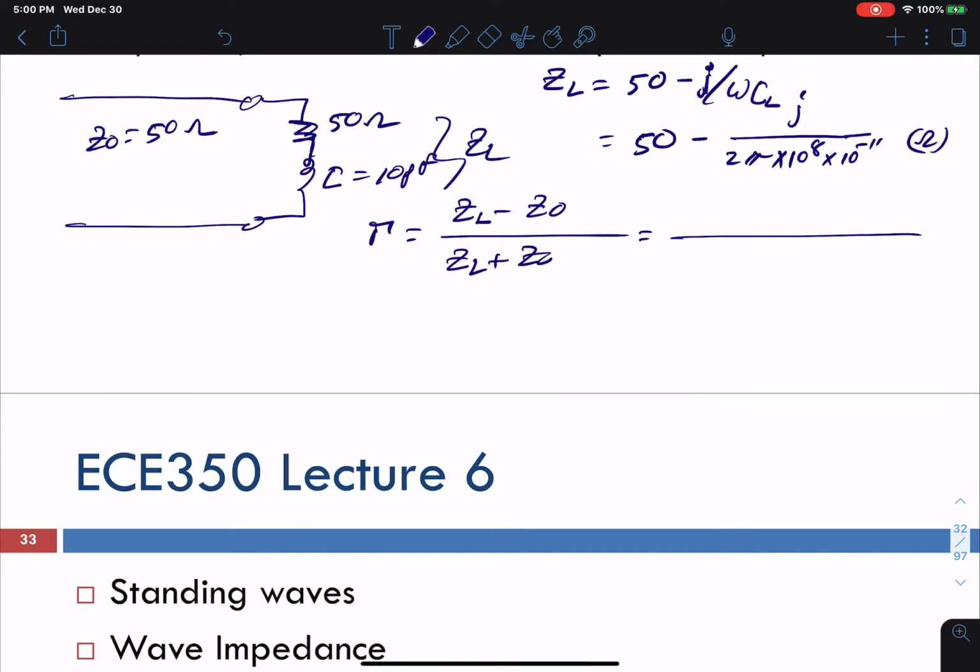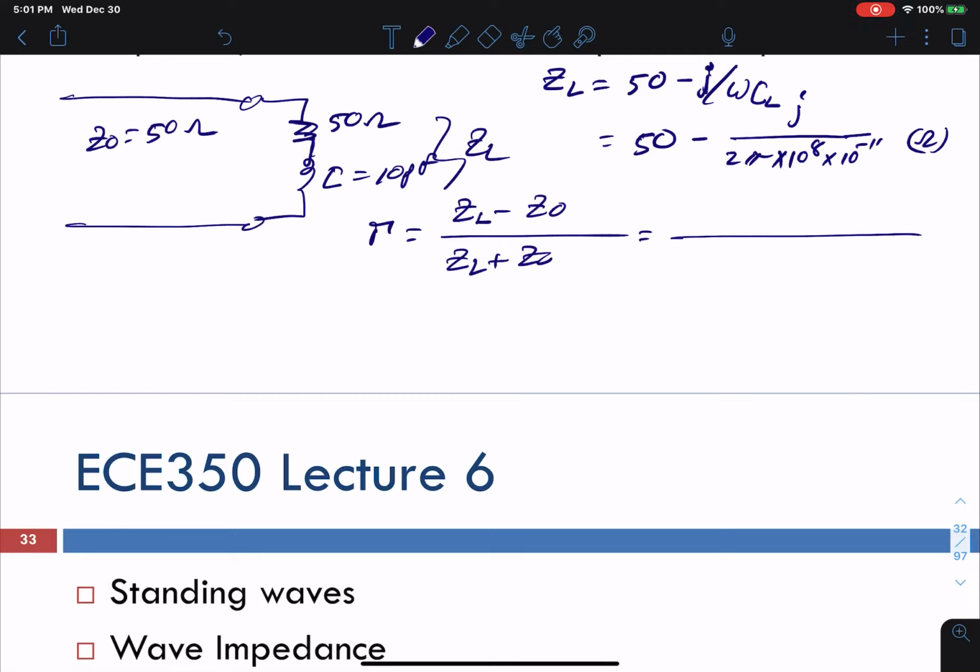Let me get the value for that: 1 over 2 times pi times 10 to the negative 3, that is 159.